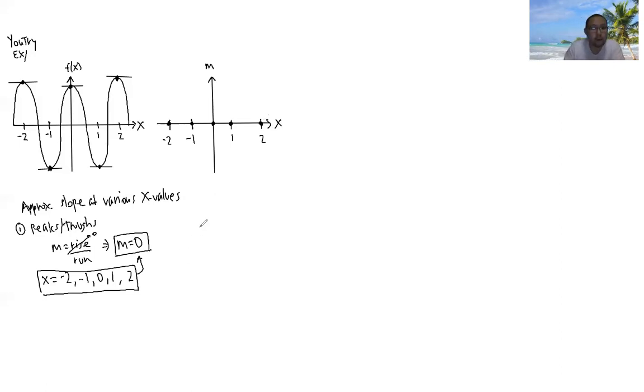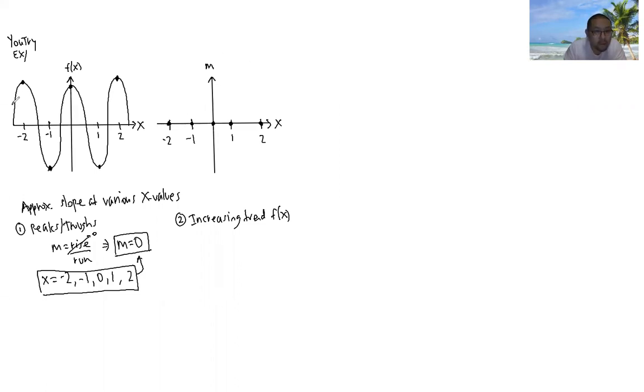Now, after peaks and troughs, we're going to do the same thing at points where we see an increasing trend of our function curve f of x. At this point, I'm going to clear out some room. Now we're going to pick increasing points.